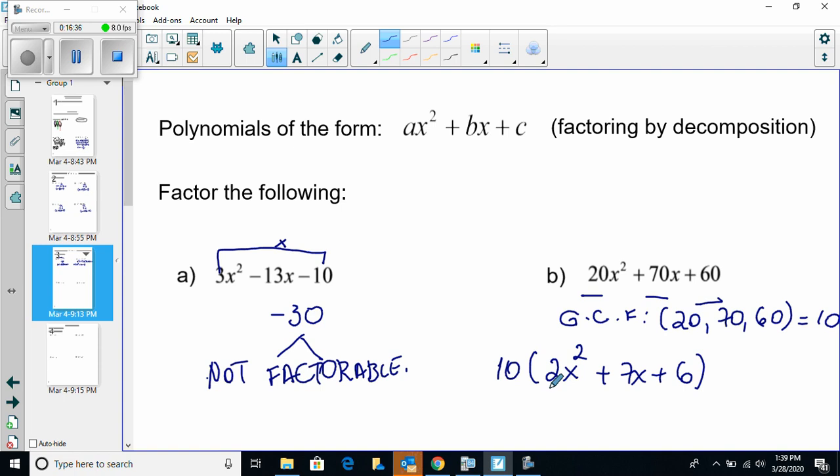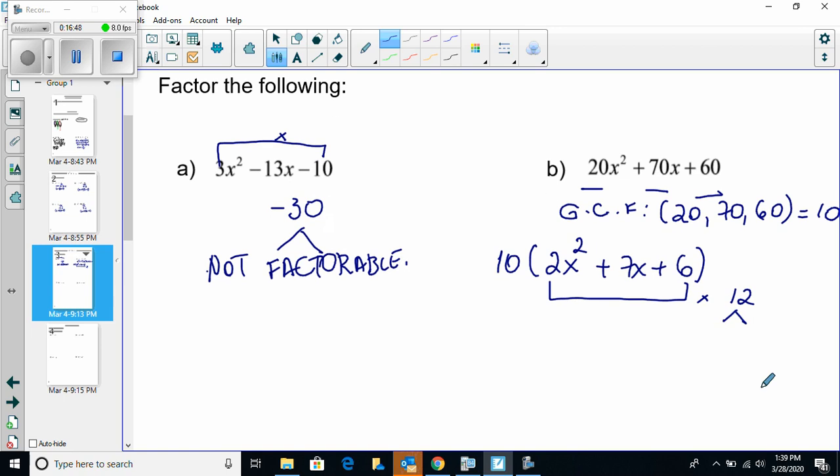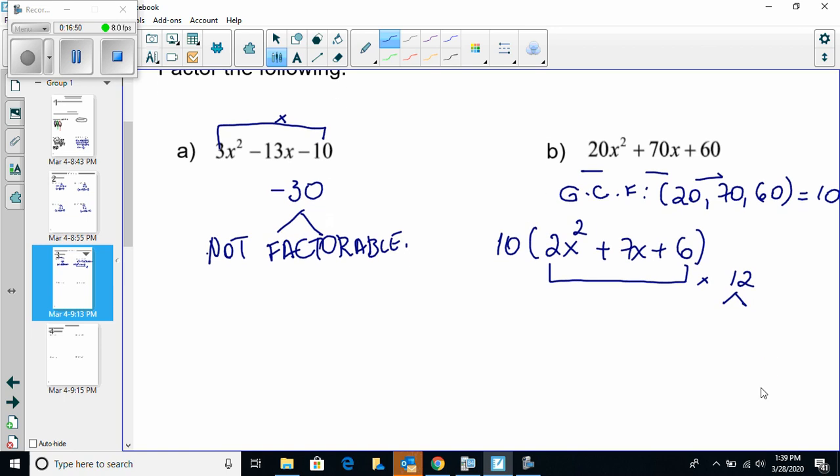And then what we do is we multiply those two together, 12, and find the two terms whose sum is equal to 7. And what we are doing in this case is using the method known as decomposition.